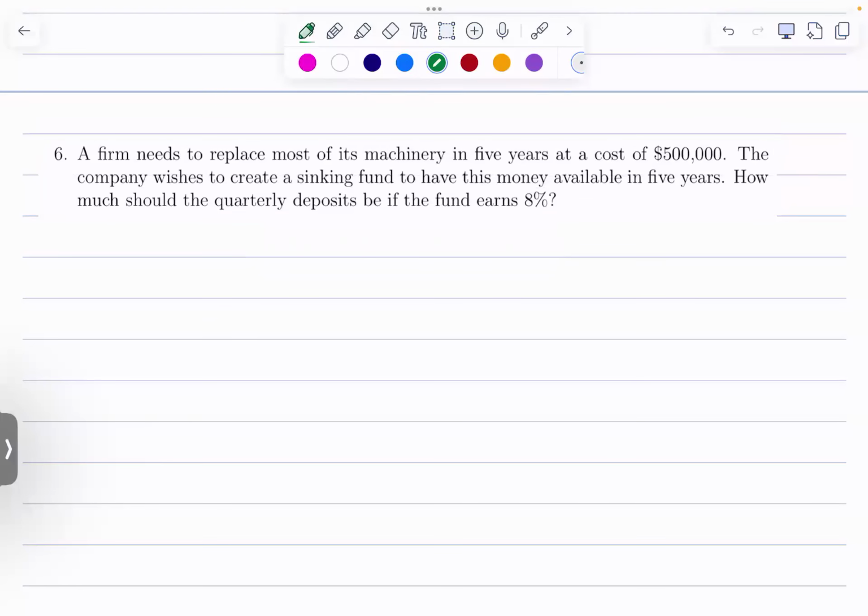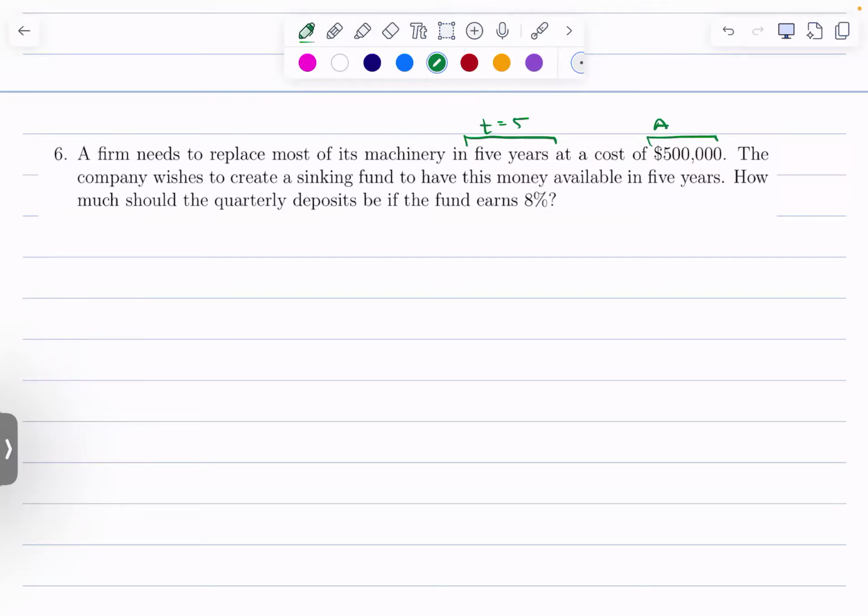Now, let's see here. We're given that T must be 5. And I want A to be 500,000.